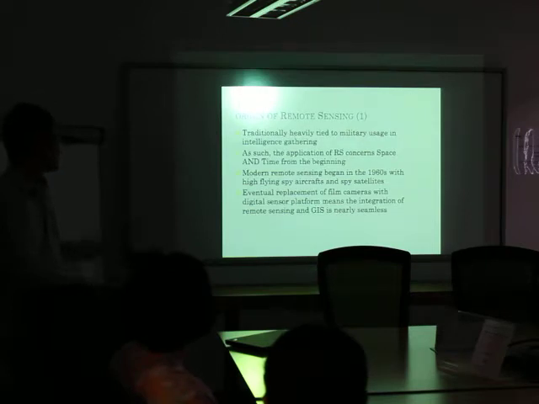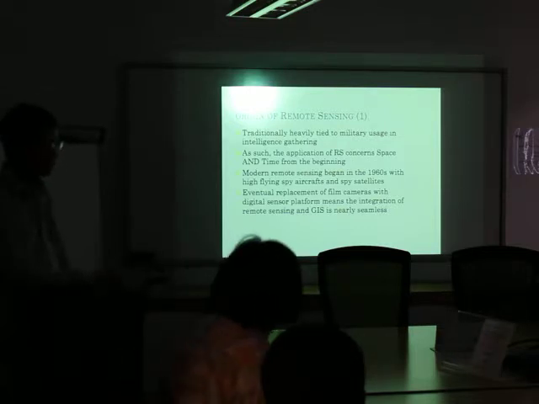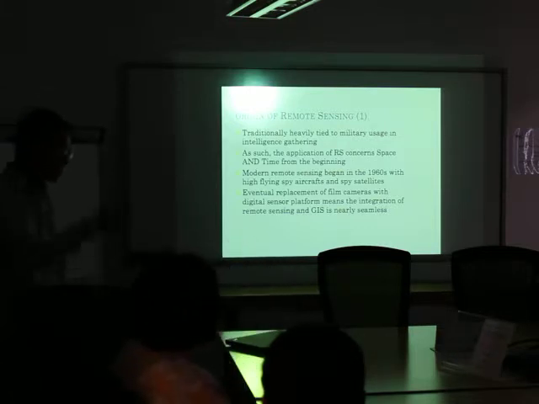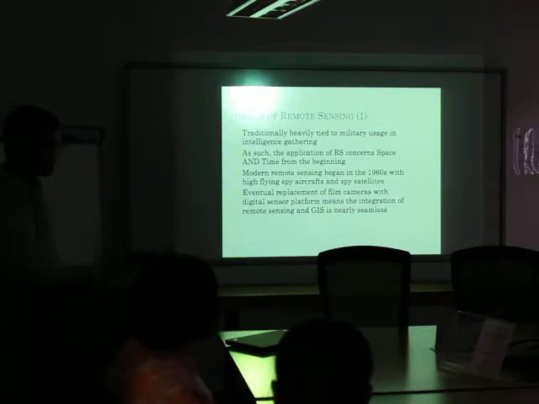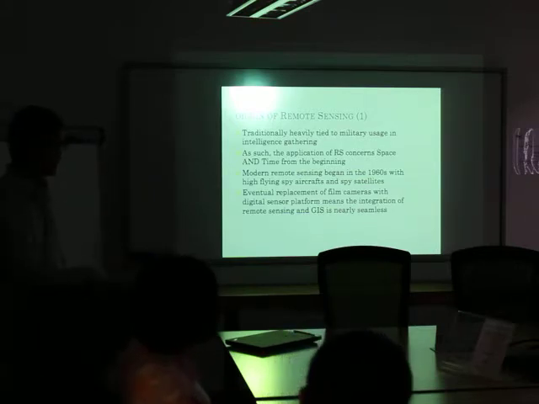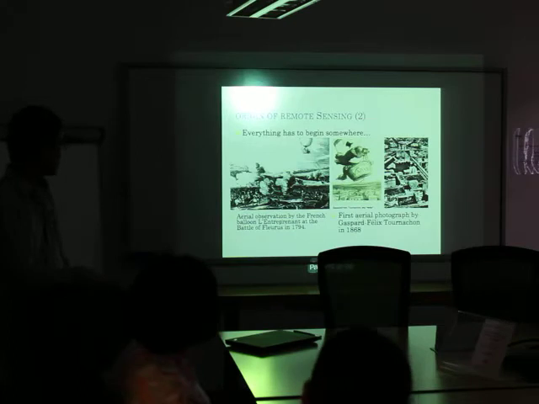Again, it was heavily hyped for military usage at the beginning. Modern remote sensing with all those cameras began in the 60s with spy aircraft and spy satellites. Eventually everything becomes digital, just like we don't use those digitization pens anymore. So now it's fairly advanced. How did it begin?